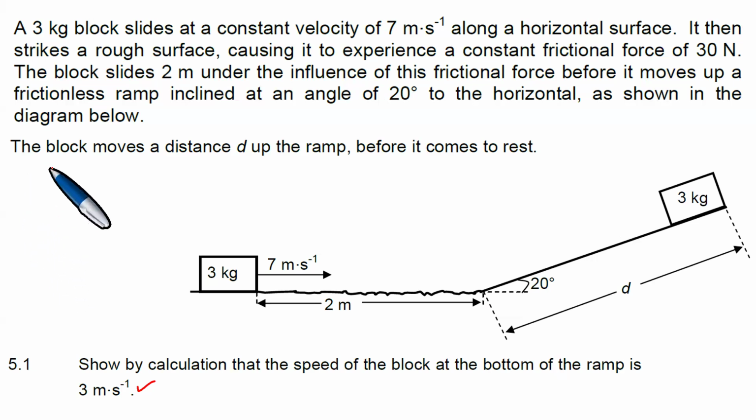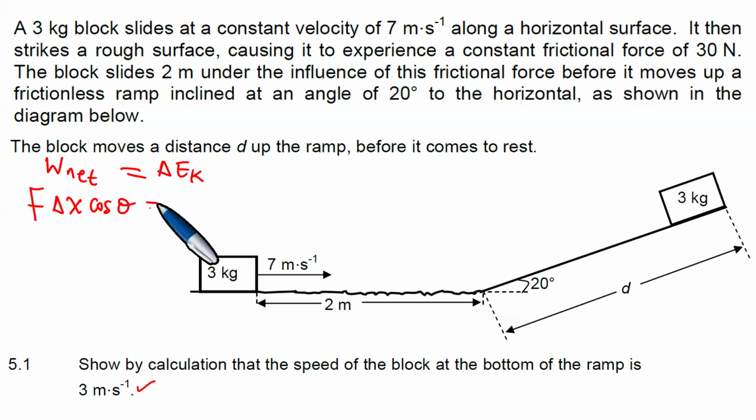We can use the fact that we know W net. W net is change in kinetic energy. So that F delta X cosine theta.